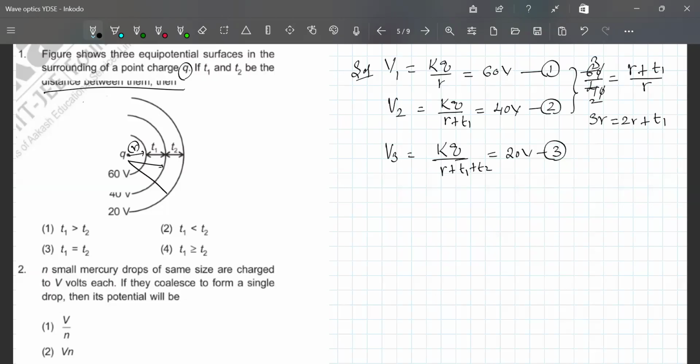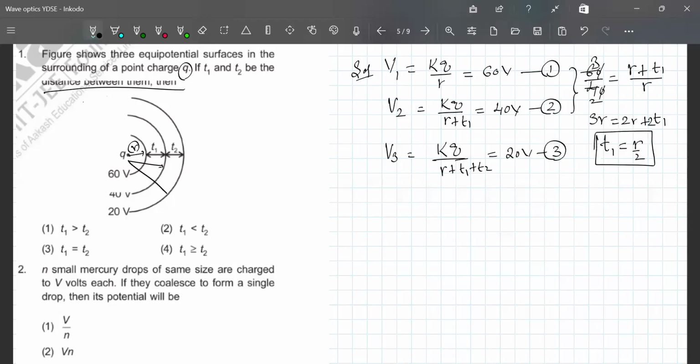So from this we can take t1 equals r. Then it becomes t1 equals, we have the formula, r by 2.